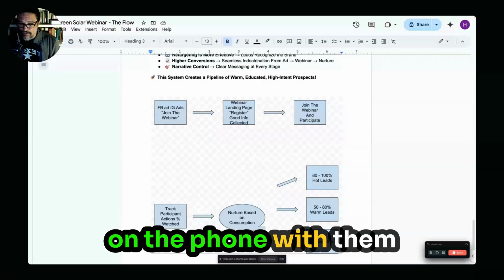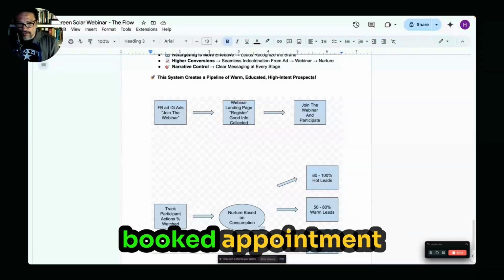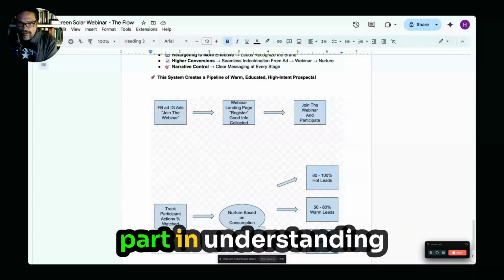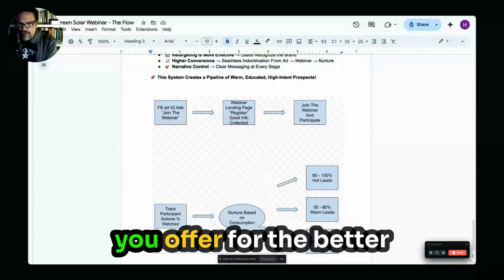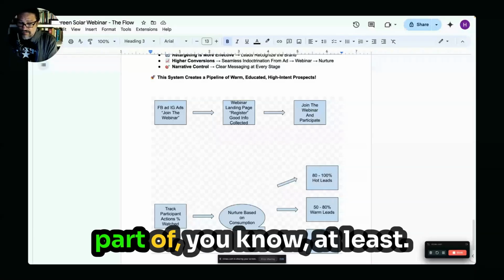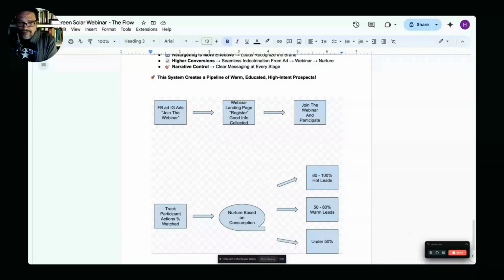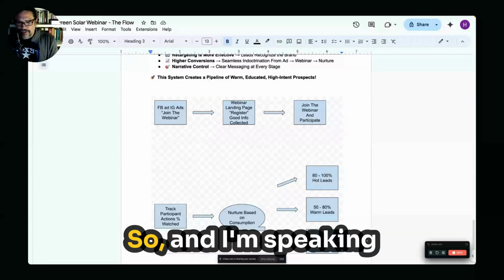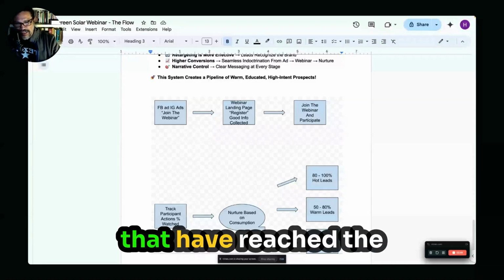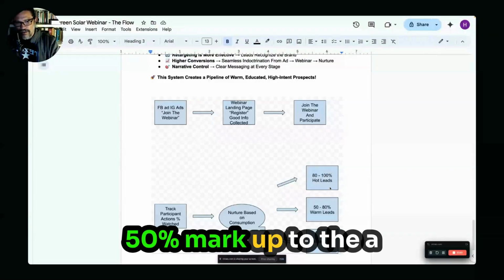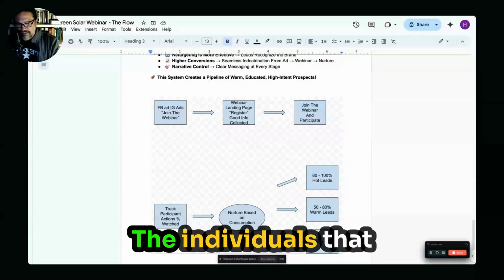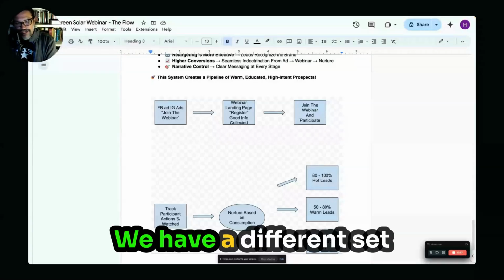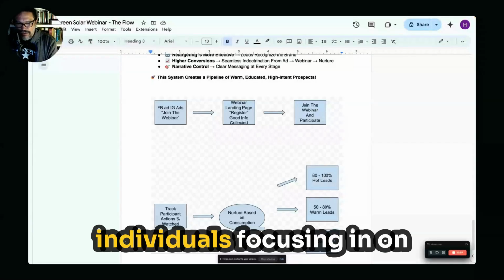Because when you get on the phone with them or you actually have the booked appointment with them, understand they already have taken part in understanding who you are and what you offer for the better part of at least 30 minutes to an hour, right? And I'm speaking to those individuals that have reached the 50% mark up to the 100% mark. The individuals that are under 50%, they need to come back in. We have a different set of nurture for those individuals.